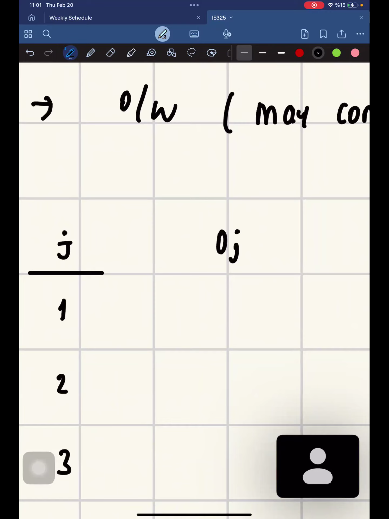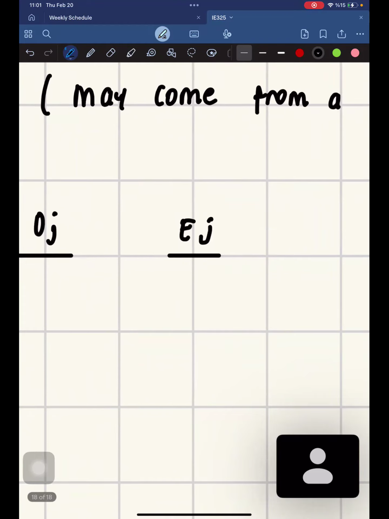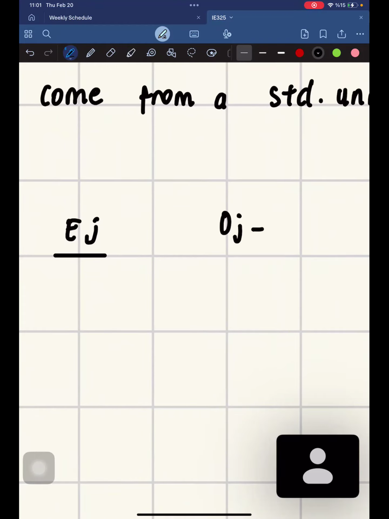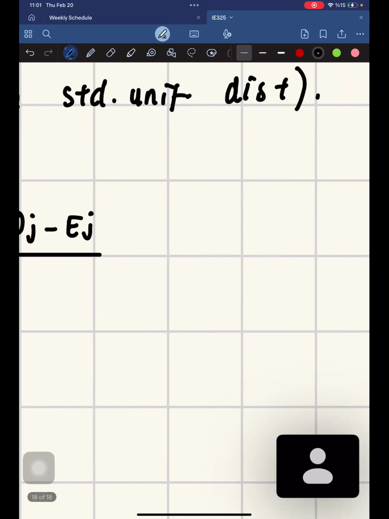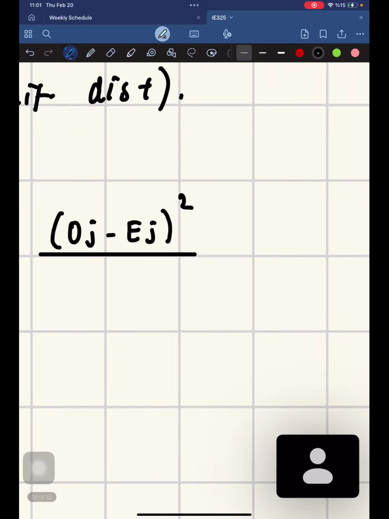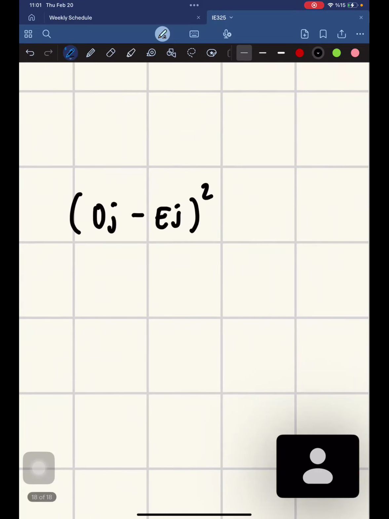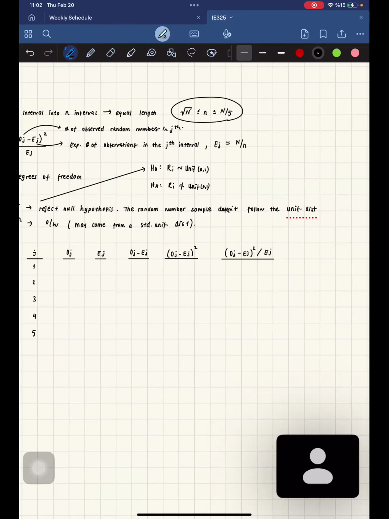Now we have the observed value and expected value. To implement the formula, we have to find Oj minus Ej, then the square of this, and after calculating the square of Oj minus Ej, we divide it by Ej.